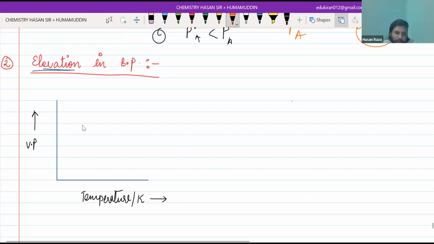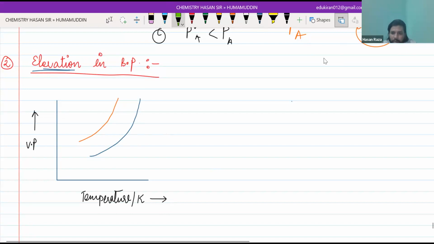Now the graph is basically like this. This is the graph between vapor pressure and temperature, and this is for the solvent.